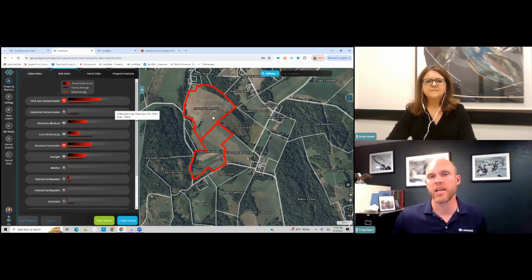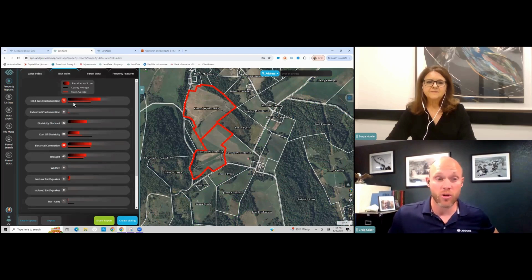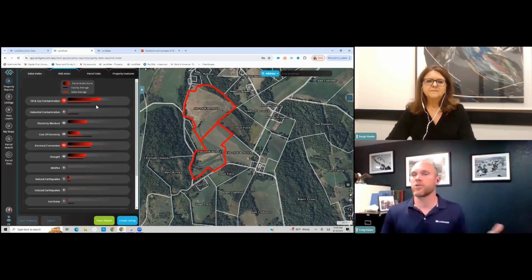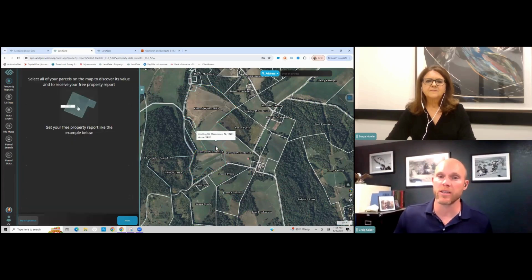This is a property in Southwest Pennsylvania. There's good, strong potential here for oil and gas contamination due to abandoned wells. But all of that information is provided to you nationwide. All of these indexes and metrics change depending on what parcel you're clicking on and what part of the United States you're in.